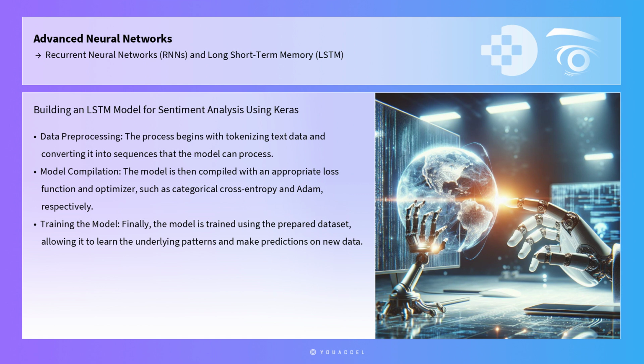The model is then compiled with an appropriate loss function and optimizer, such as categorical cross-entropy and Adam, respectively. Finally, the model is trained using the prepared dataset, allowing it to learn the underlying patterns and make predictions on new data. This step-by-step approach demonstrates the actionable insights that professionals can gain by leveraging modern frameworks to implement LSTM networks effectively.